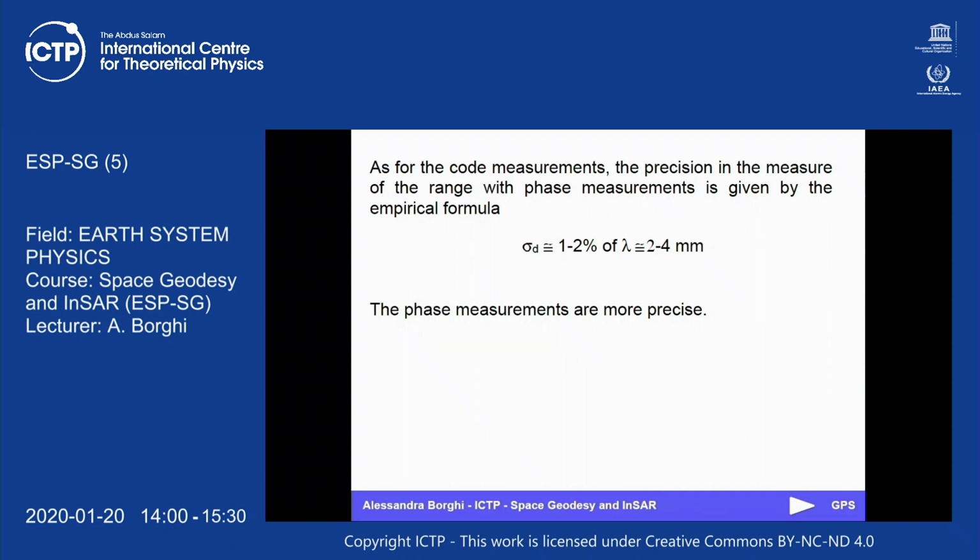This is just a theoretical precision. We are going to see now that we have to take into account a lot of distortion of the signal, a lot of sources of errors. But just from this empirical rule, we see that the measurements of the distance between satellite and receiver are more precise with the phase.